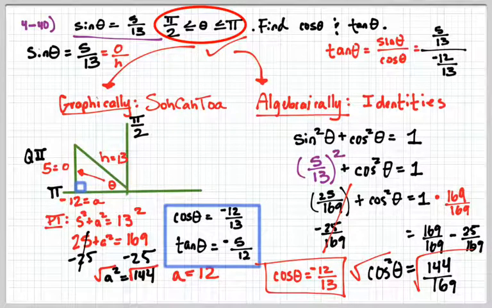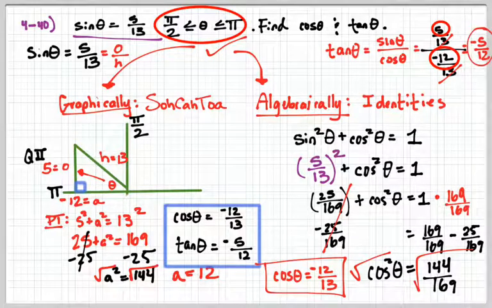And if you were to multiply by the reciprocal, the 13s cancel. So this is an easier way to look at it. Isn't that what we got for tangent? 5 over negative 12, so negative 5 over 12, same exact thing.